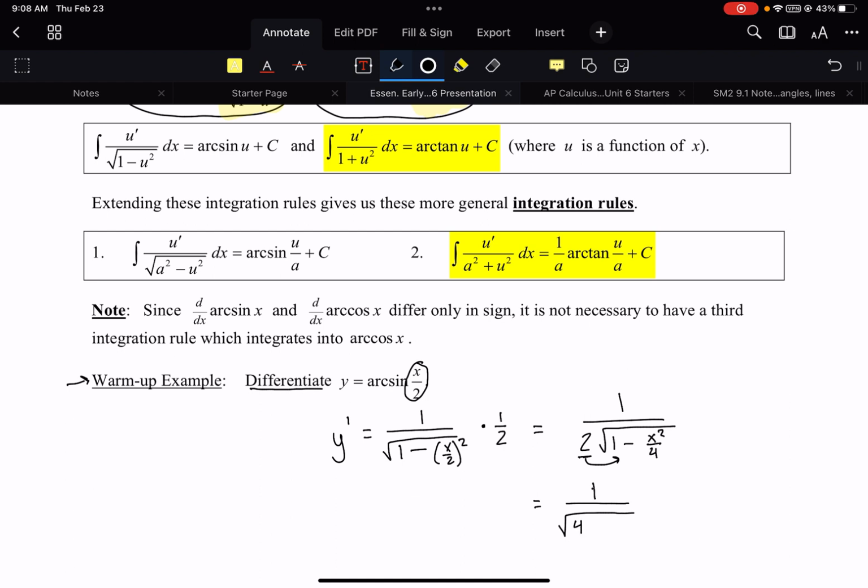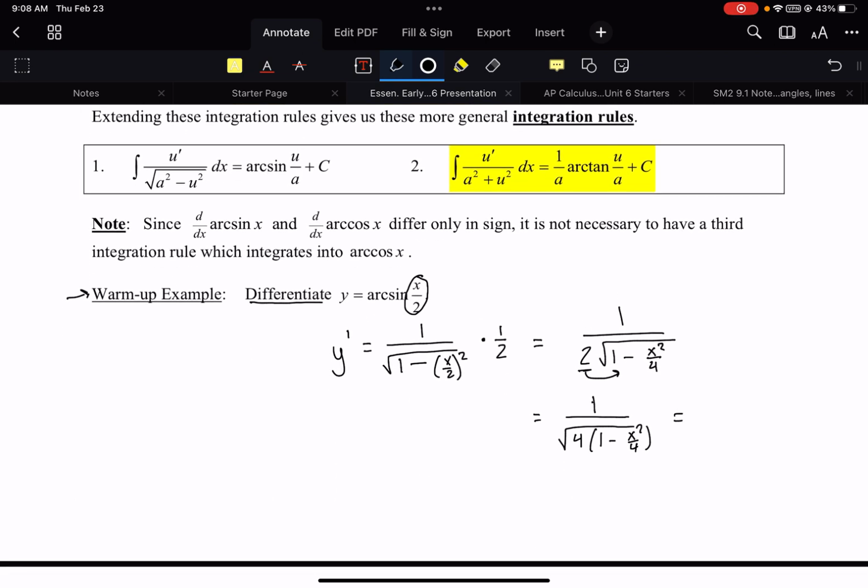So I end up with the square root of 4 times 1 minus x squared over 4, which is equal to 1 over the square root of 4 minus x squared. So when you see something like this, we know that if we work backwards and do it correctly, we're going to be able to end up with an arc sine as part of our integral.